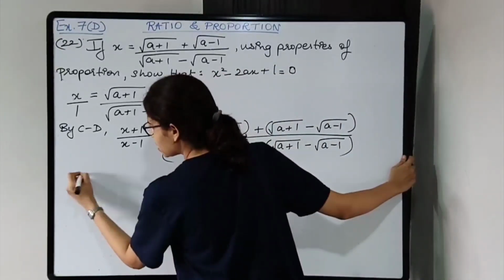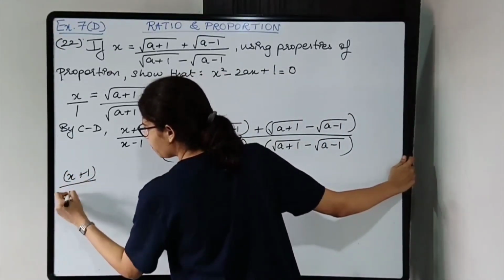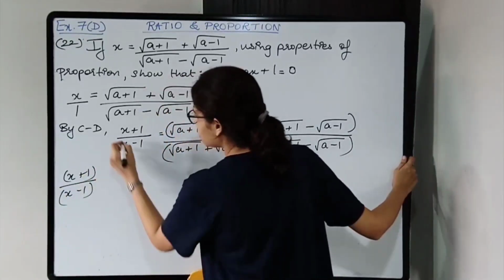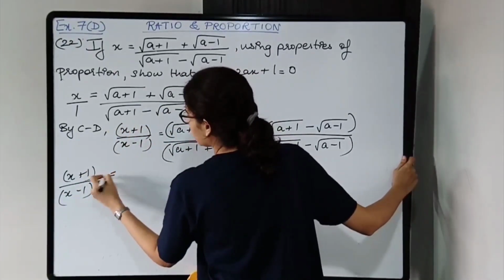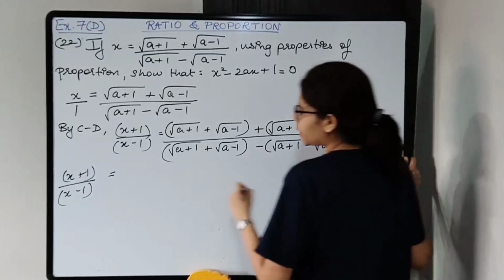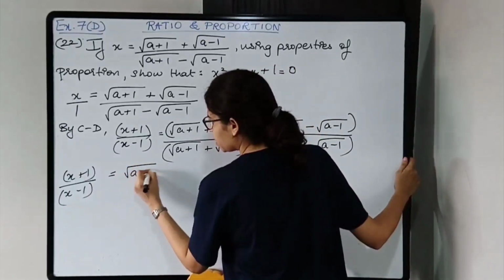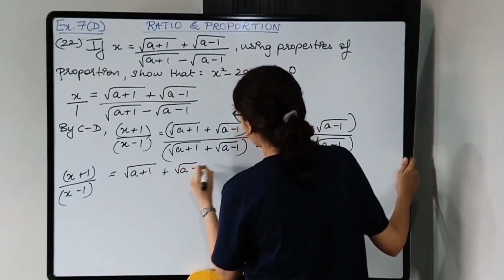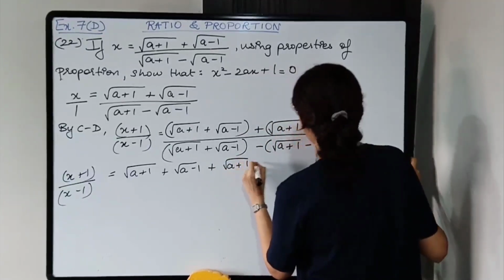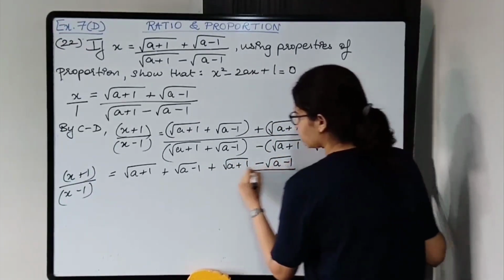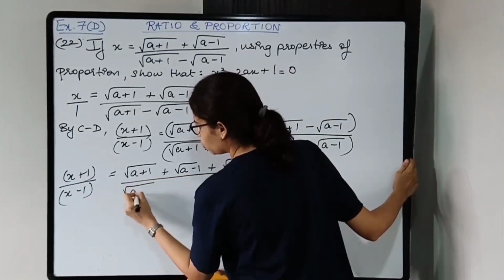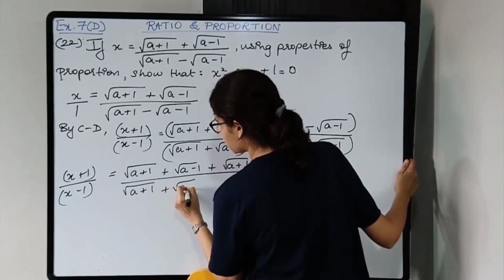LHS will remain as it is, nothing to simplify. Just put brackets. Opening the brackets, root of a plus 1 plus root of a minus 1 plus root of a plus 1 minus root of a minus 1 upon root of a plus 1 plus root of a minus 1.